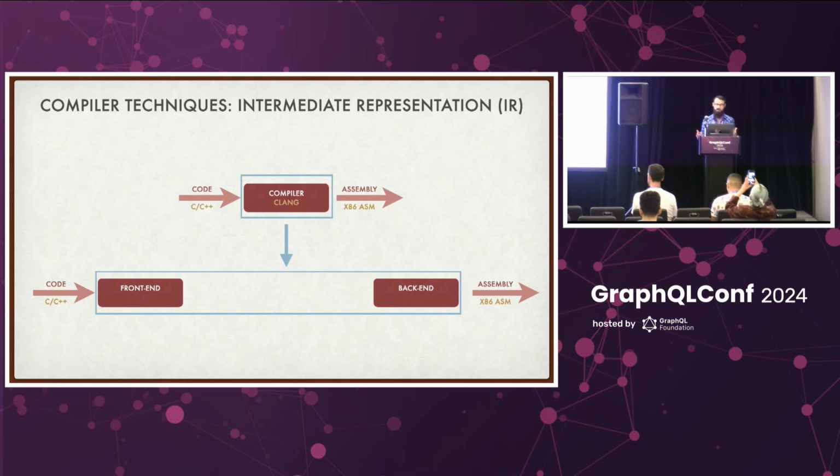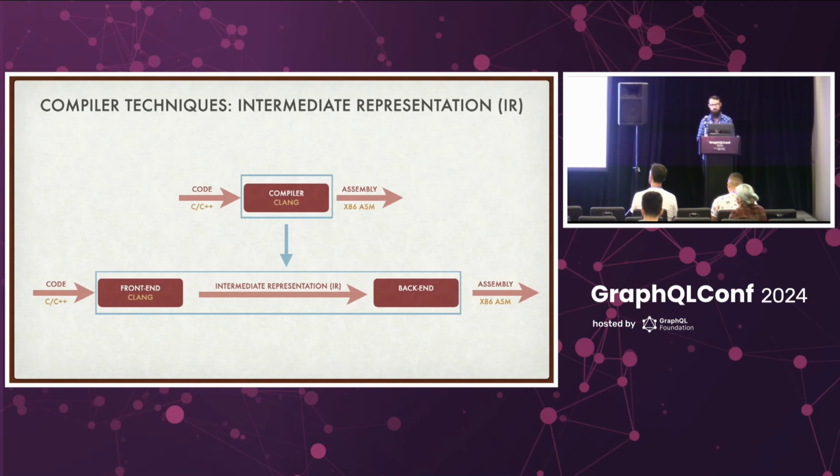But in order to separate these like that, we need to introduce an intermediate representation so that we have something to pass from the front end to the back end. This intermediate representation, or IR, is lower level than the human code, like C or C++, but it's higher level than the machine code, like the x86 assembly that we're producing on the other side.